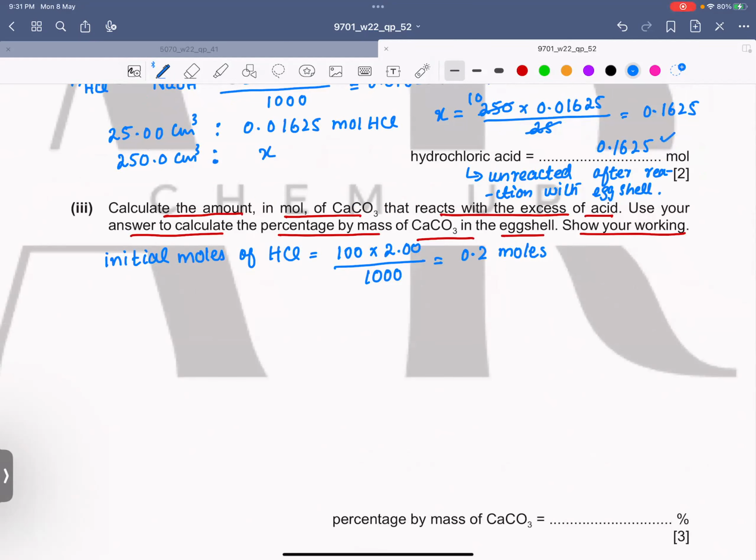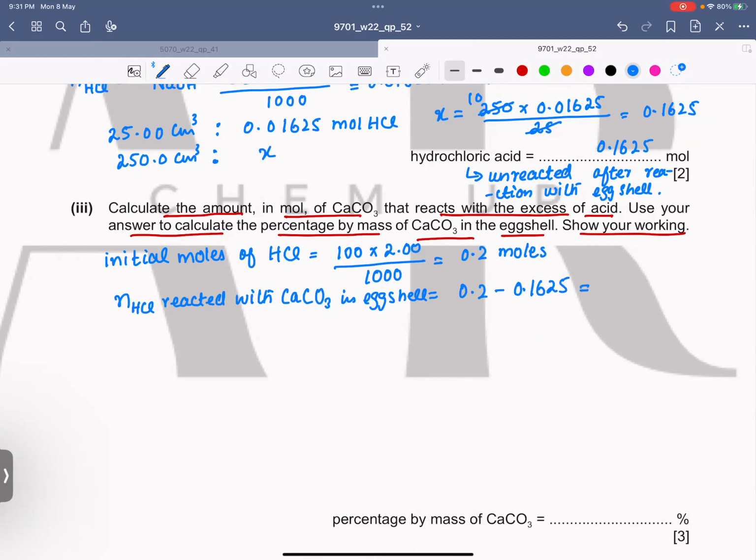Here we got the moles of hydrochloric acid that is left after the reaction with eggshell. So the moles of hydrochloric acid which actually reacted with calcium carbonate in the eggshell are equal to 0.2 minus 0.1625.